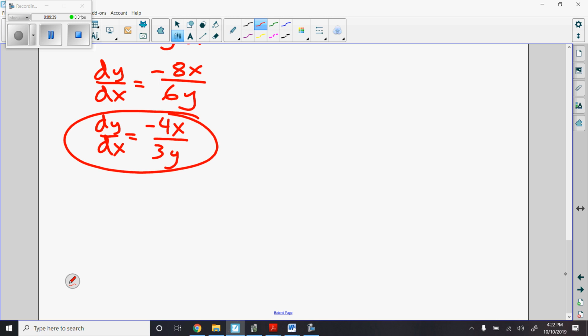Now I'm going to go ahead and apply the second derivative, or do a derivative again. The derivative of dy dx now is going to be our second derivative notation. So doing the derivative, I end up with this.